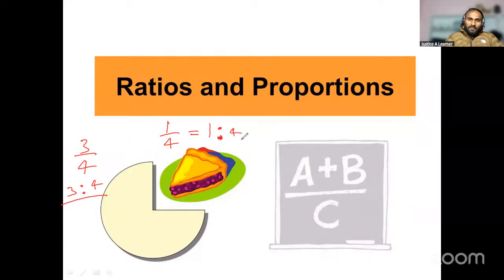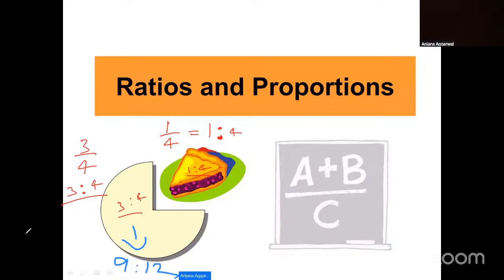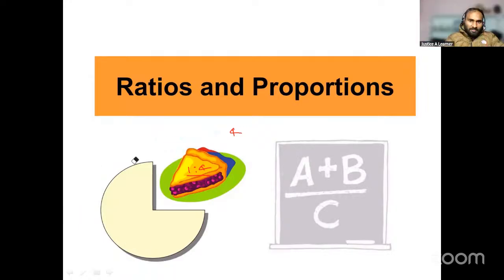So 1 to 4 and 3 to 4. It means 1 by 4 is 1 to 4, 3 by 4 is 3 to 4. That is the ratio in short, but we'll understand it in more detail. Okay? Let's go.